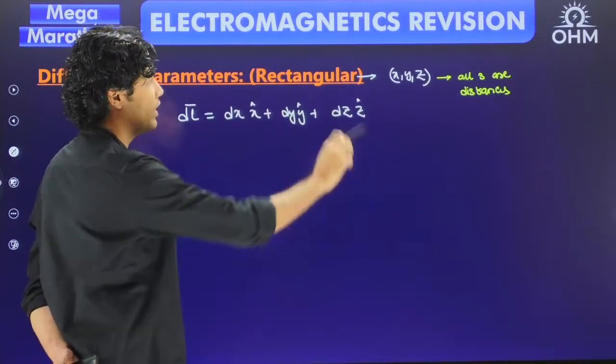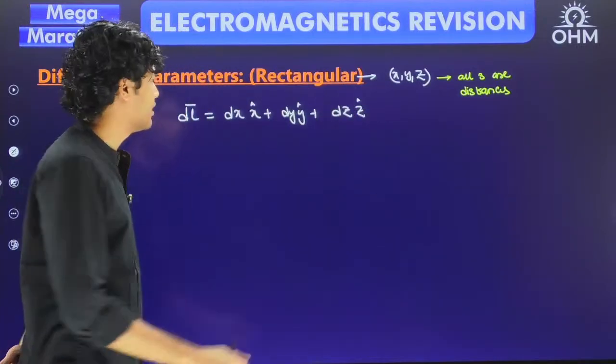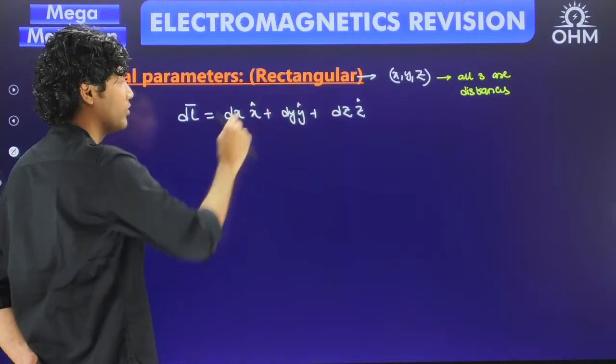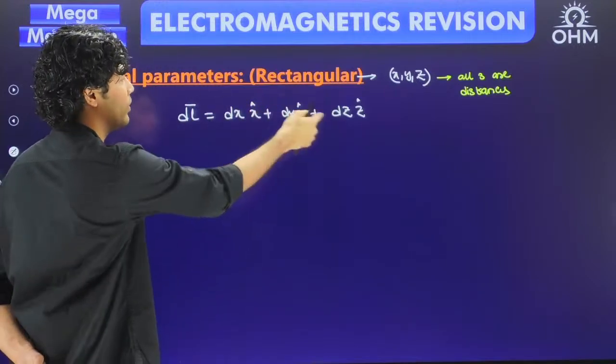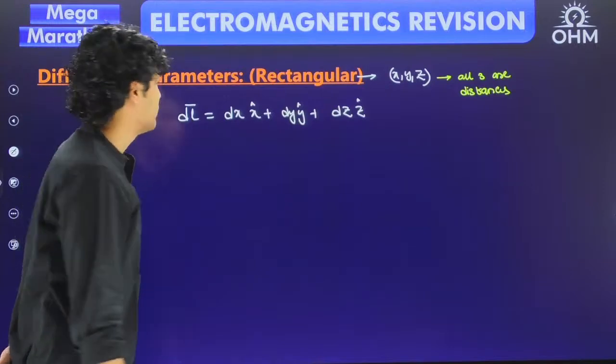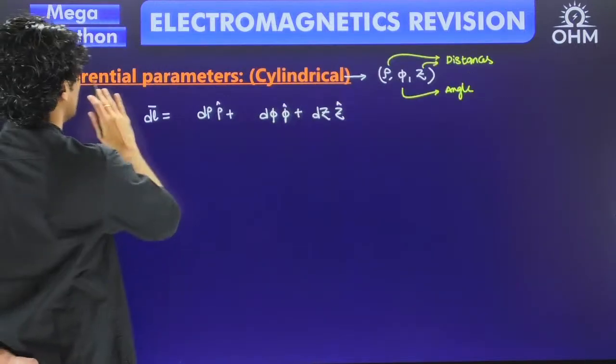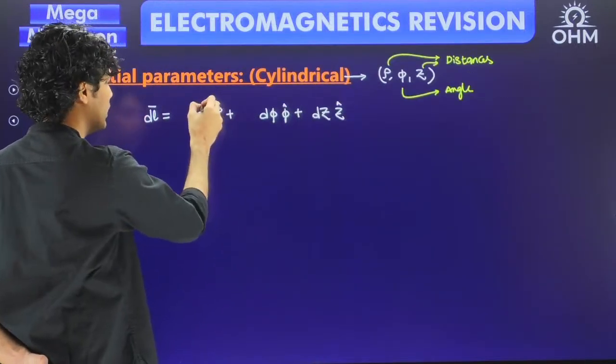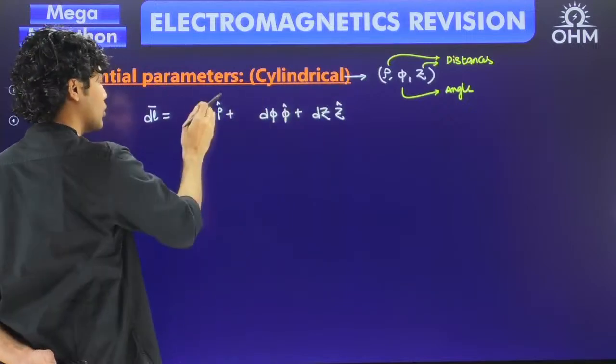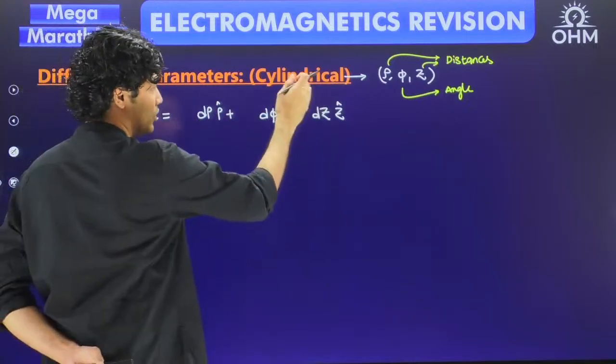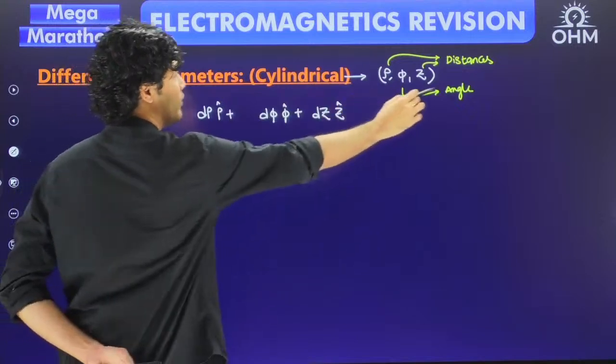Okay. So wherever you have a distance parameter, the coefficient of the differential parameter is always 1. So here 1 dx, 1 dy, 1 dz, which is nothing but dx dy dz only. In case of cylindrical, the coefficient of d rho is 1, because rho and z are distances, and the coefficient of dz is also 1, but not the coefficient of angle.